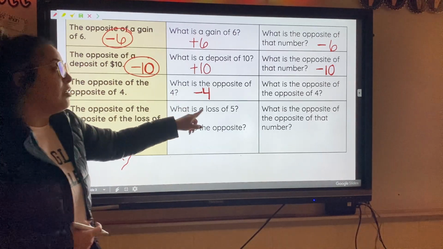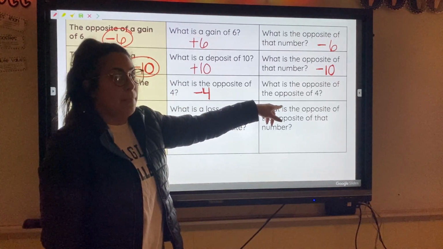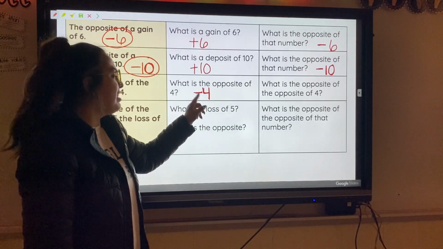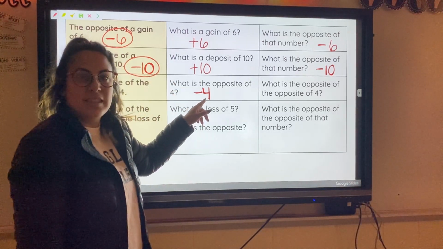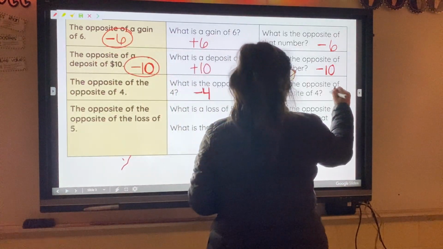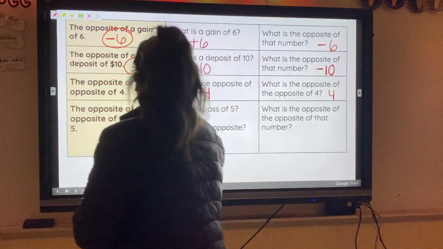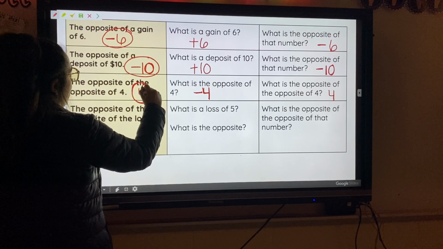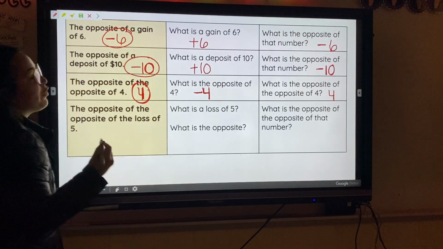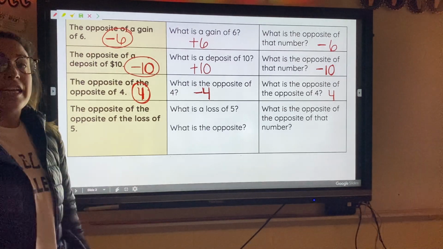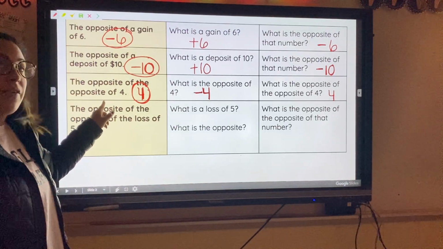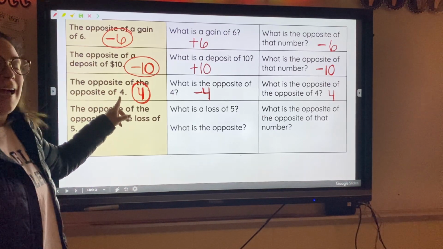So to answer what is the opposite of the opposite of 4, what's the opposite of negative 4? Positive 4. So 4 is our answer. And again, if you remember that trick I just told you, the opposite of the opposite of a number is going to be that exact number.